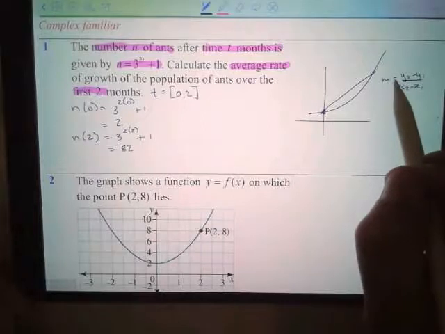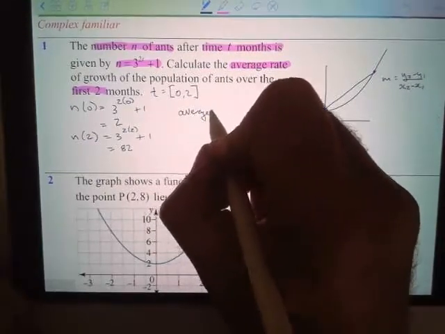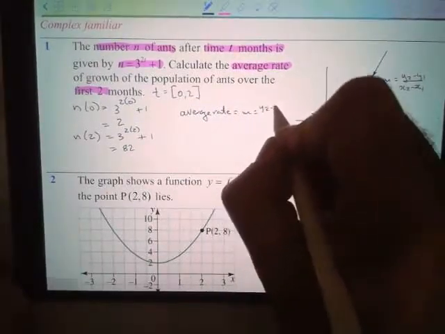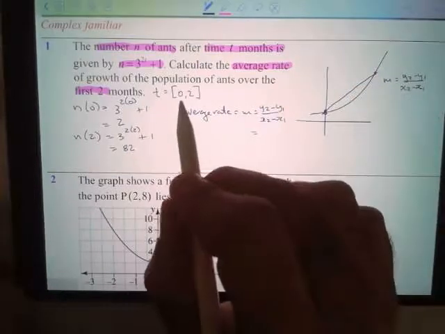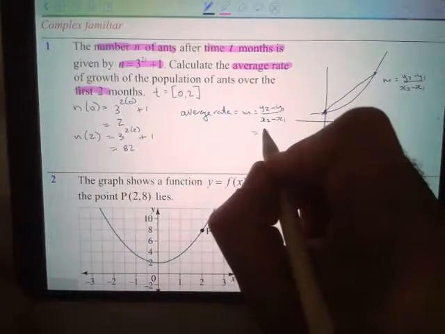If I now go and find out what the average rate is, the average rate equals the gradient equals y2 minus y1 over x2 minus x1. y2 is any one of these two, so I'm going to say it's this one, 82.